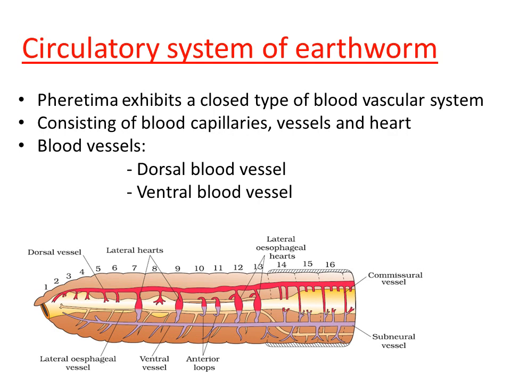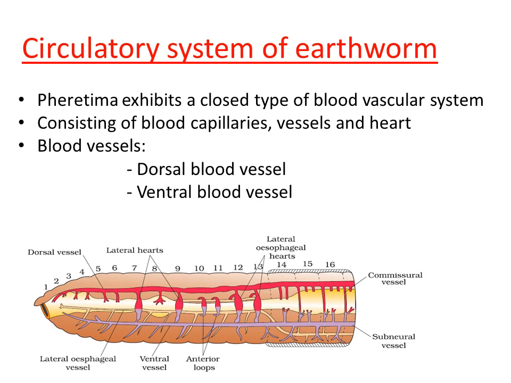This blood vessel runs from the anterior end of the earthworm to the posterior end, right? So the flow of blood through the ventral blood vessel always takes place from the anterior region to the posterior region, right? And the ventral blood vessel does not consist of any walls. Walls are completely absent in the ventral blood vessel, right?